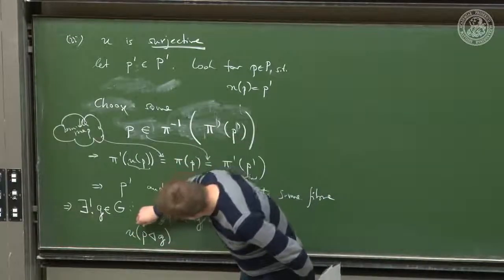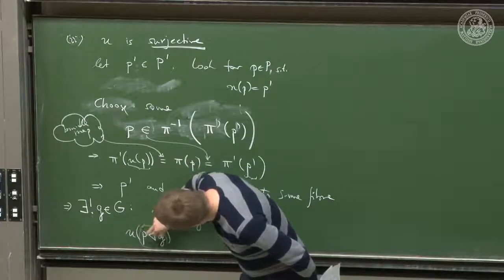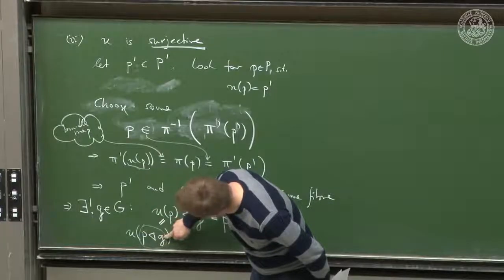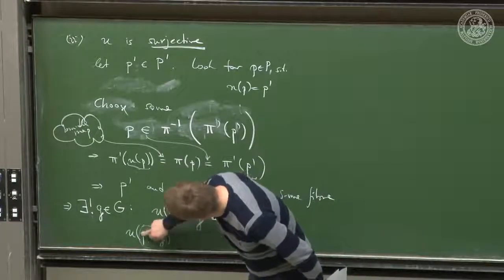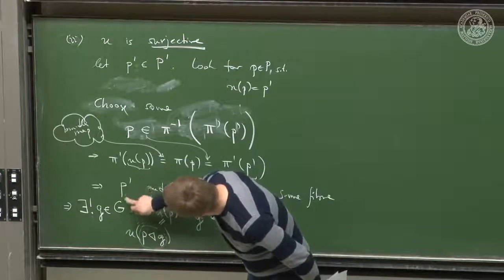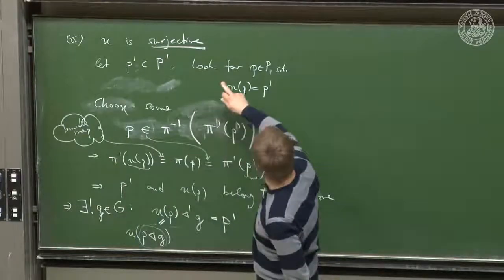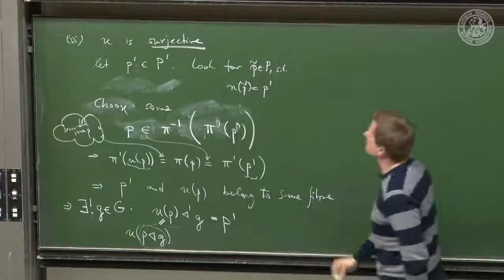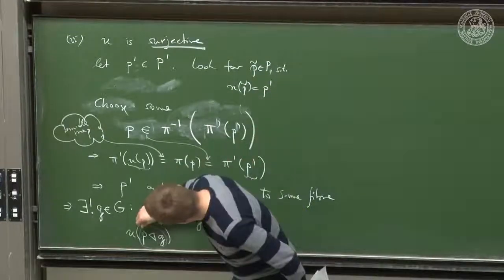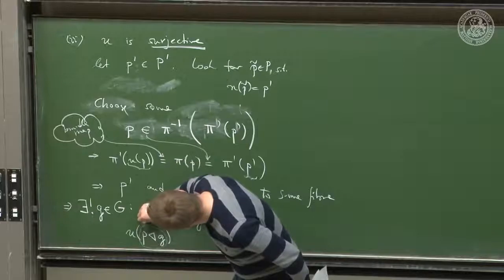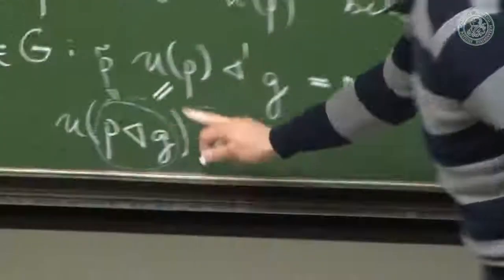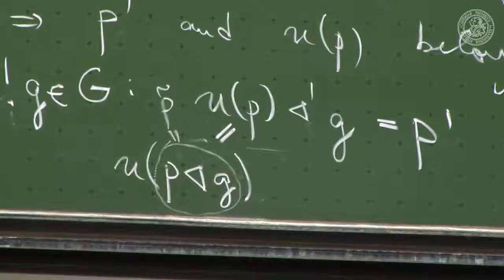But that means this guy here, built out of an arbitrarily chosen p and a correspondingly chosen g, is an element in P. So we should say we look for a p twiddle such that this is the case. That is what we do. We look for such a p twiddle. And this guy here is precisely the p twiddle we were looking for, because u of p twiddle is the p prime.